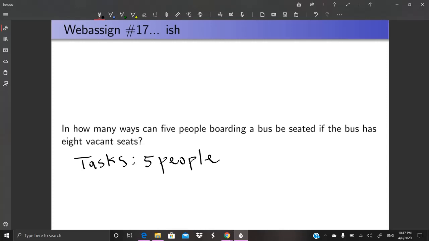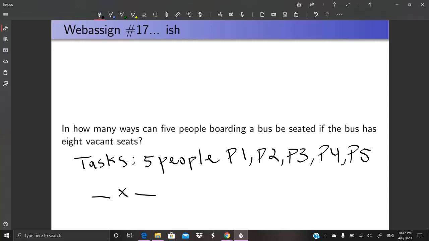I'll just call them P1 as in person 1 or passenger 1, P2, P3, P4, and P5. So these are the 5 people, and the idea is each one gets one of these. So think of the first, there's P1 times whatever number of ways of P2, P3 is gonna go here, P4's number is gonna go here, and then P5's is gonna go here.